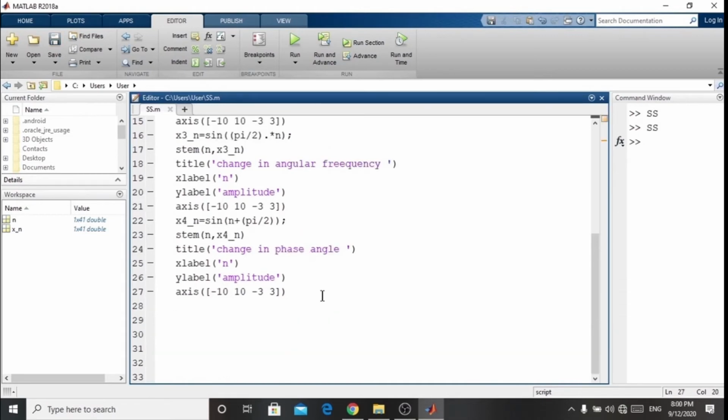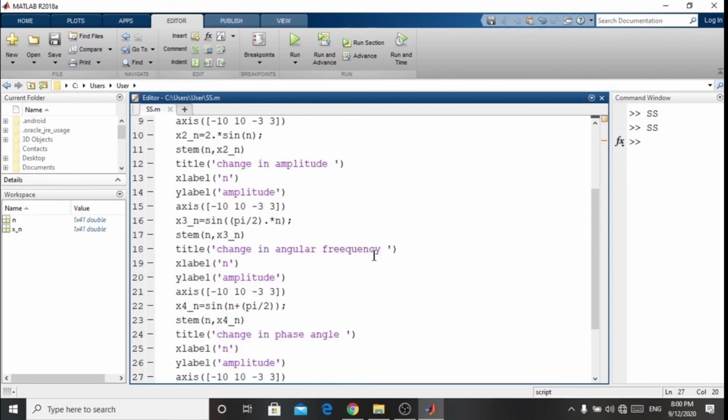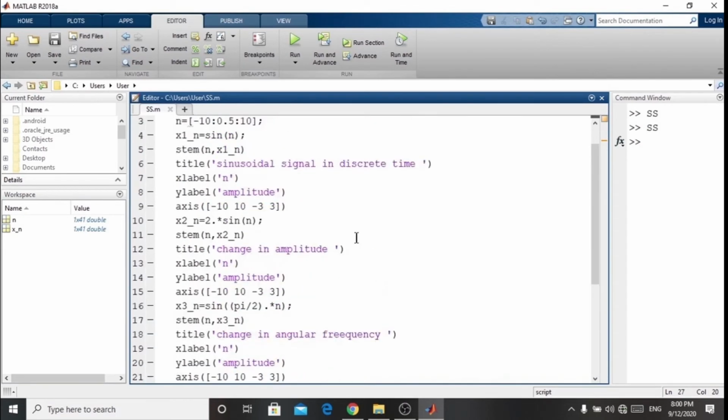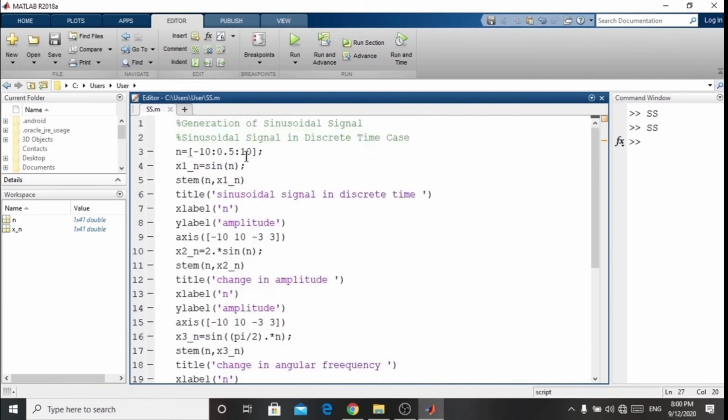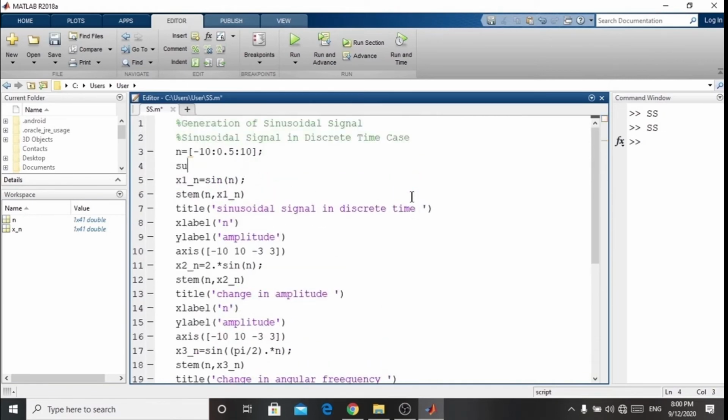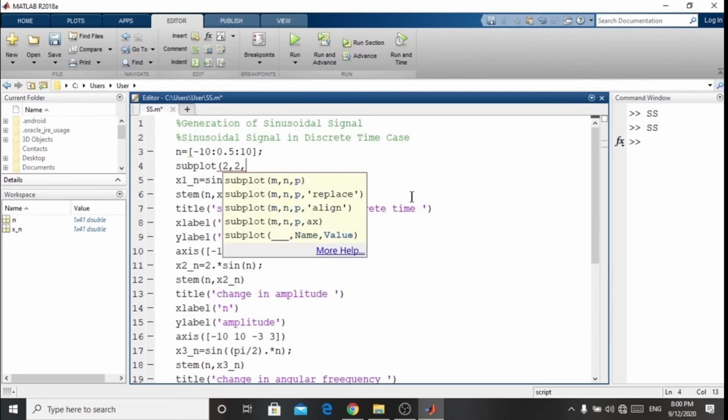For getting the 4 graphs in a single window, let's define the function subplot. In this, subplot of number of rows is 2, number of columns is 2, and priority of this graph is 1.